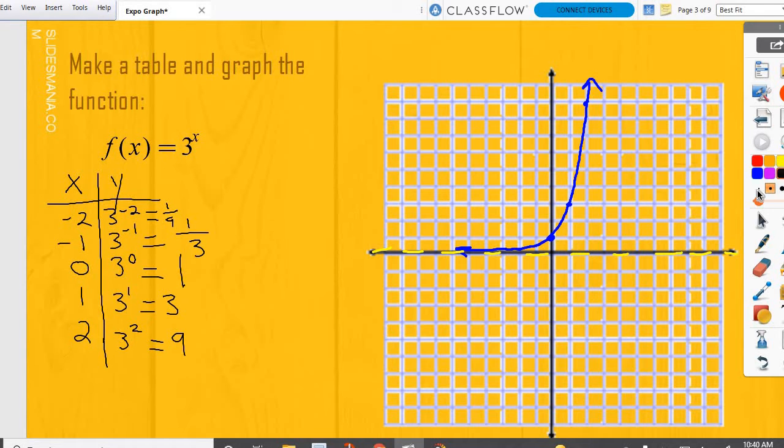So if we wanted to label this line, what is the equation of that line? Y equals 0 is our horizontal asymptote.